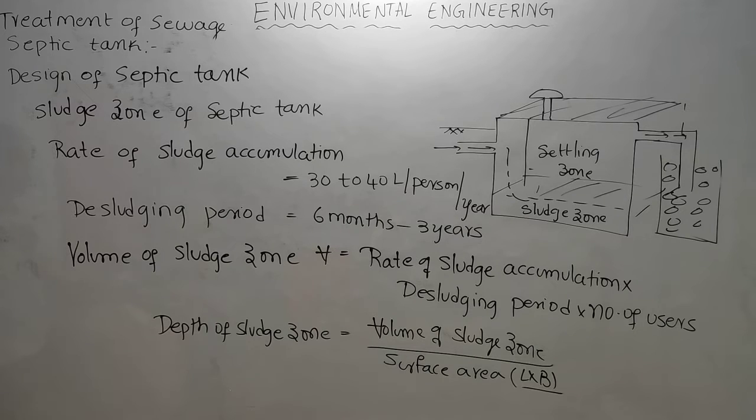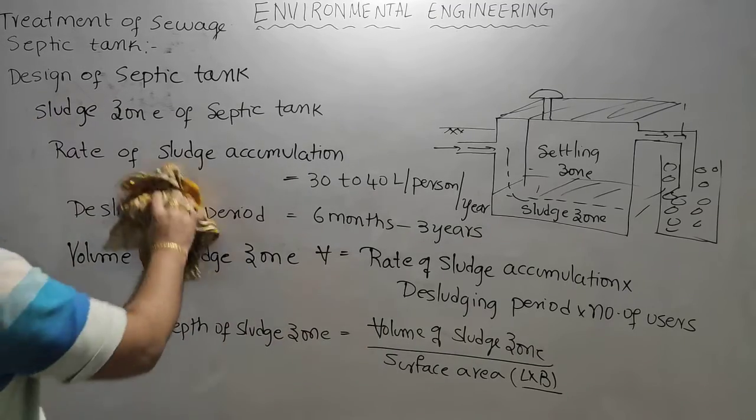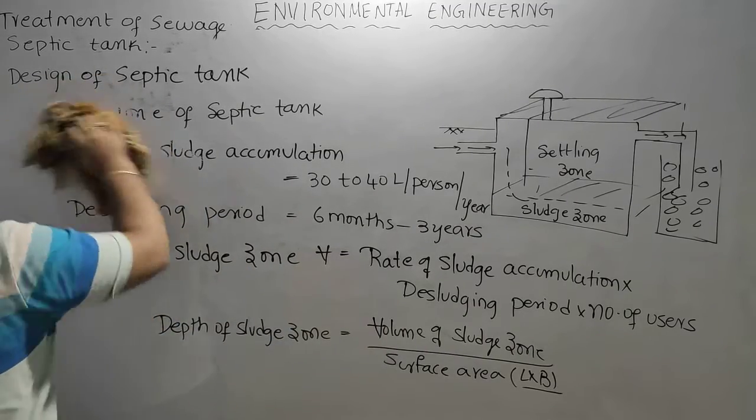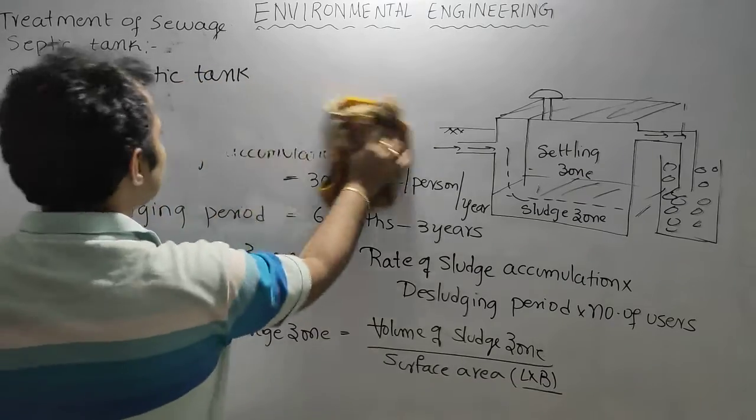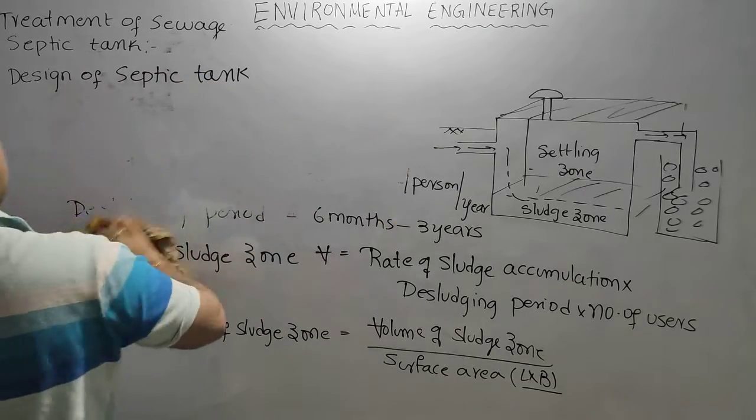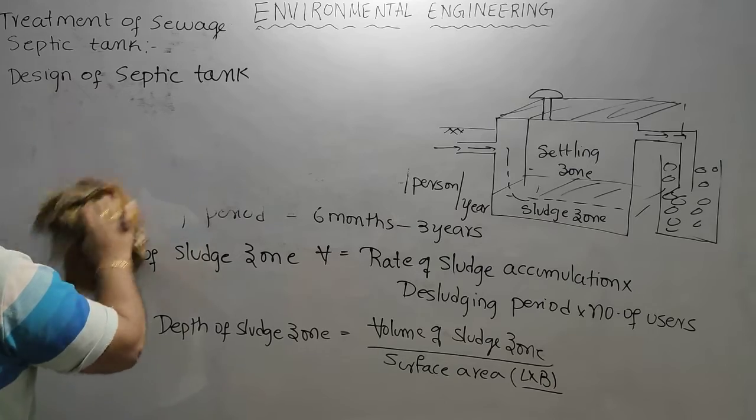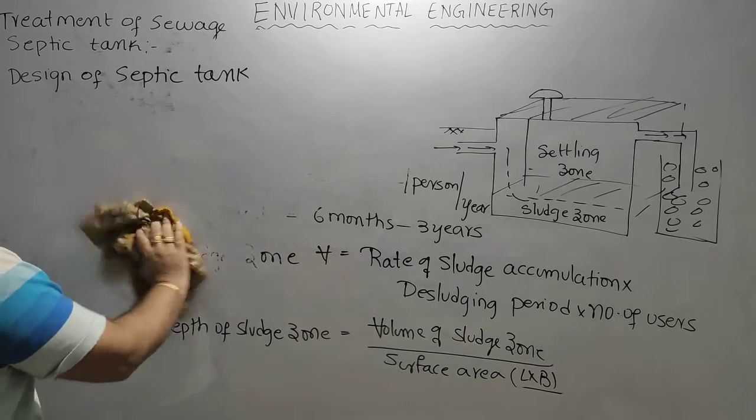There is another tank called the Imhoff tank. So this is all about the septic tank. Generally, whatever the effluent that goes, I already told you, we will send it into the soak pit or into the dispersion trenches. Let us briefly know what is meant by soak pit, what are the dimensions of the soak pit, and what is meant by dispersion trench, and what are its dimensions.